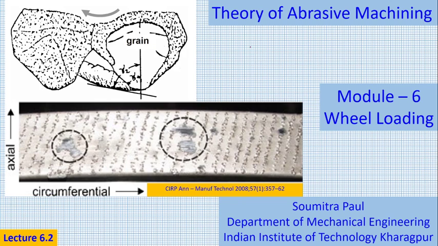So this is lecture 6.2. This is on wheel loading. Today we will be giving some analytical treatment to wheel loading so that it is possible for you to predict which particular combination of wheel and process parameter is more prone to wheel loading.